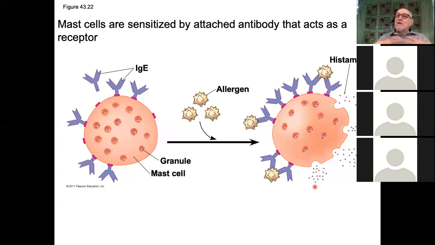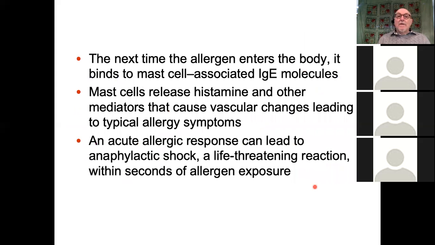All the blood vessels begin to leak. In the lungs especially, they begin to leak fluid. The lungs begin to fill up with fluid. The throat begins to swell up. All of these, you're now in a life-threatening situation. And that is the process of anaphylaxis, anaphylactic shock, which is a life-threatening situation that arises because of circulation throughout the body of a toxin, of an allergen, such as bee venom or something like that.